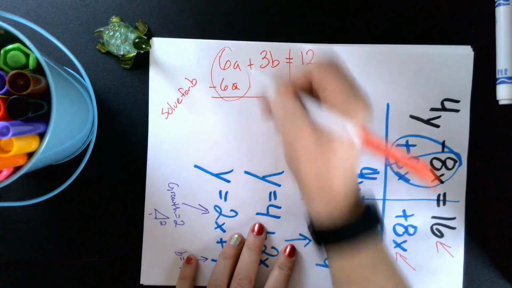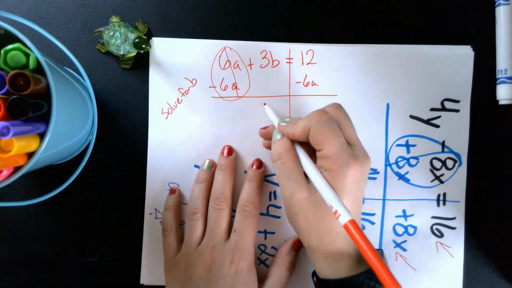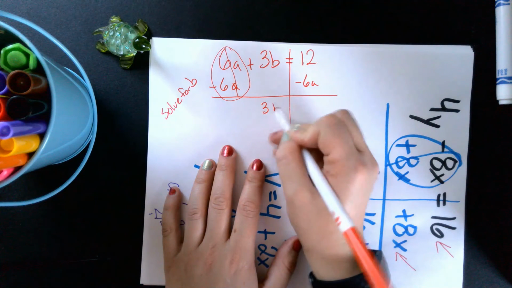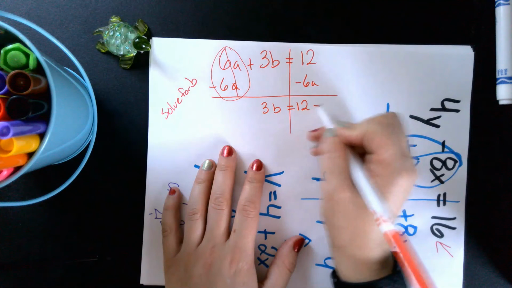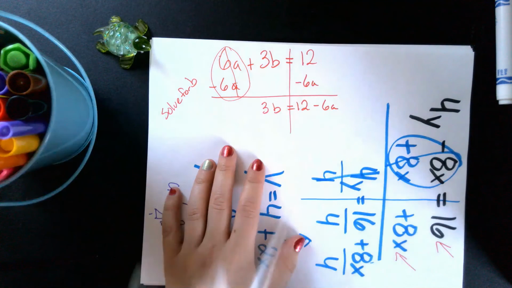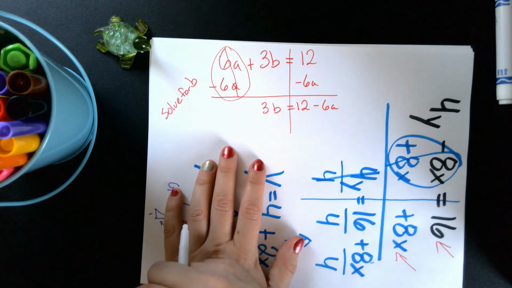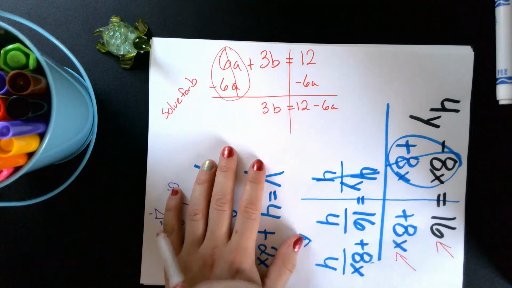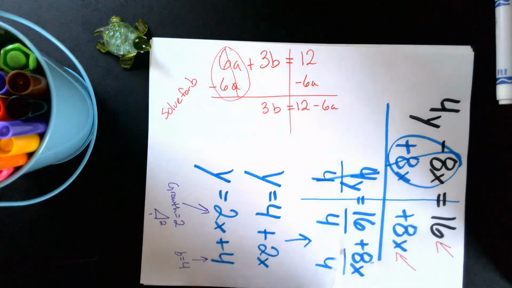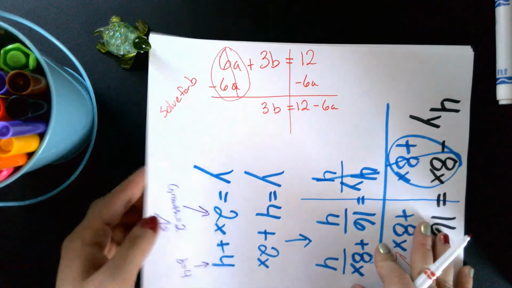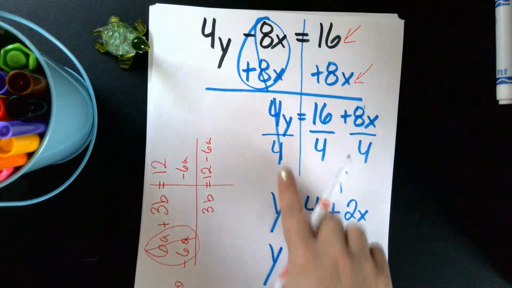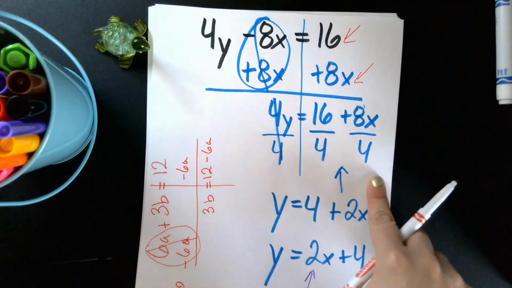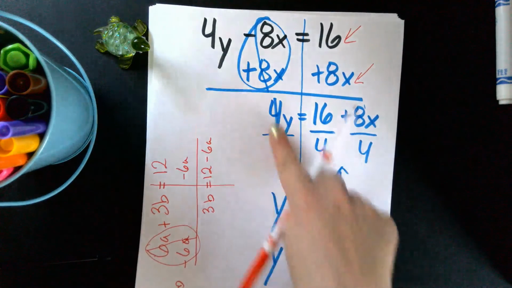This creates a big zero pair. And so I'm left with 3b equals 12 minus 6a. Is b isolated yet? Not quite, because I only want one b. Right now I have 3 b's. I don't need 3 b's, I need 1 b. So we're going to do the exact same thing that we did here, where I divided the whole thing by 4 so I could find a single y instead of 4 y's.